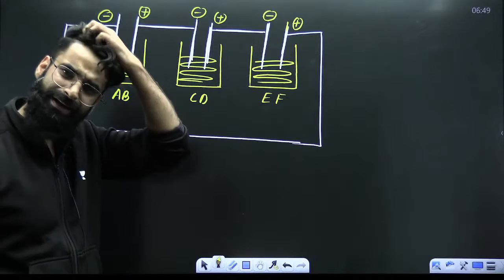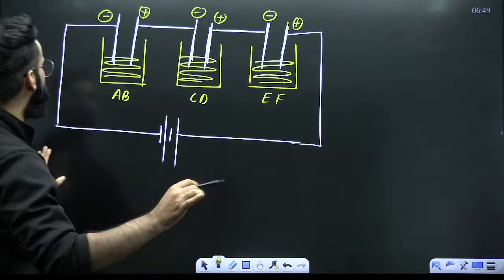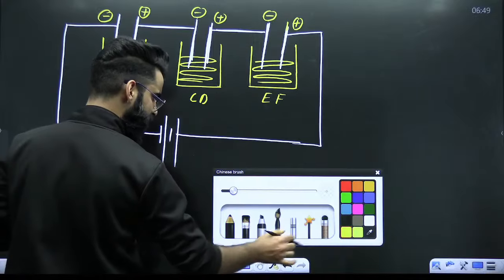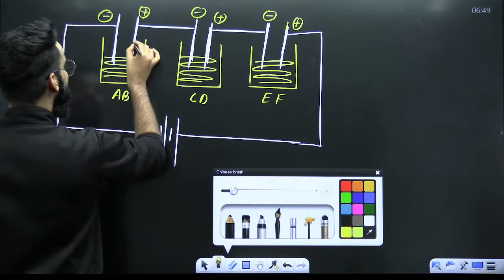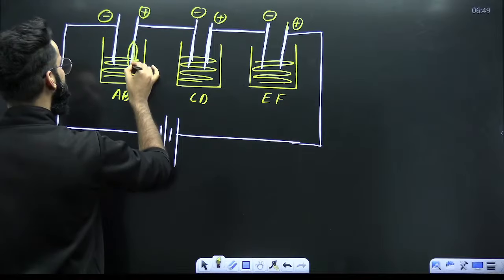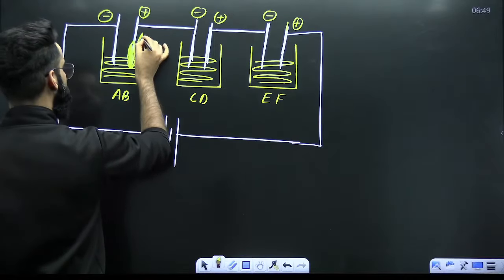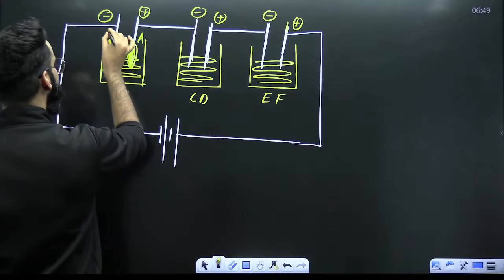Let's assume, my dear students, that at this particular electrode, A is being deposited and B is being liberated.